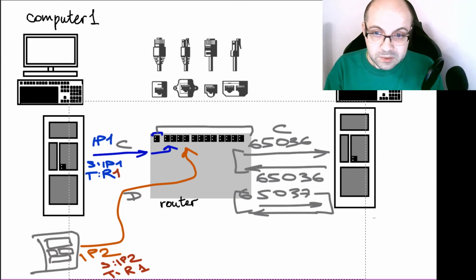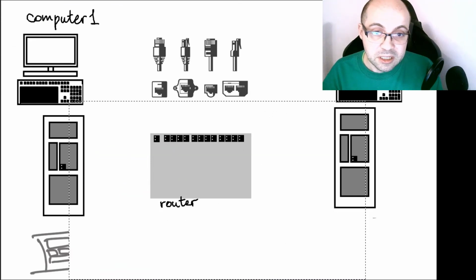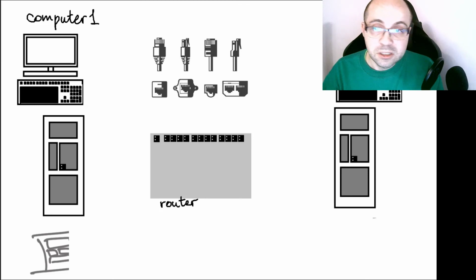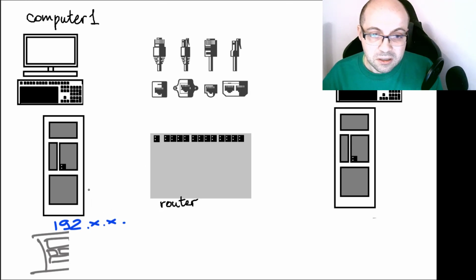To summarize, there are two technologies in play here. The first technology is called NAT, Network Address Translation. So you go from network 192, which is between your router and your computer. On the internal interface you have the same network.